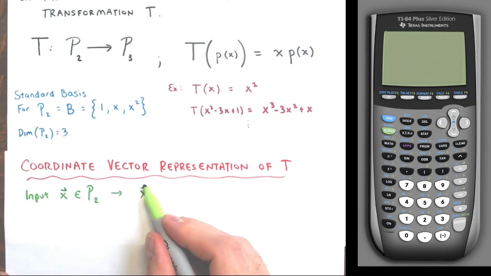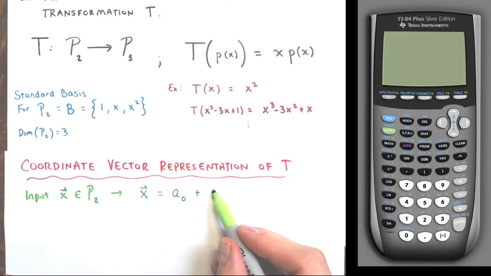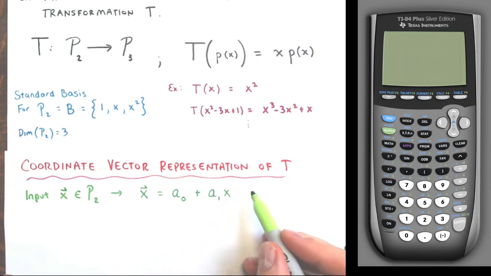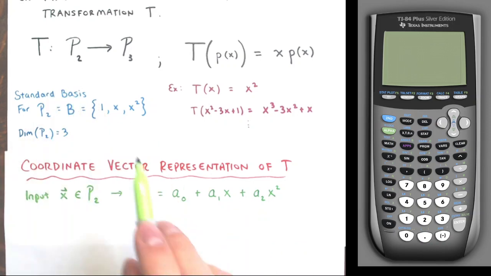Well, every polynomial of degree 2 or less looks like this: you have some constant term, I'll call it a0, plus some linear term, a1 times x, plus some quadratic term, a2 times x squared. This is what every vector in P2 looks like, where a0, a1, and a2 are, say, real numbers. I didn't really specify, but let's say real numbers.